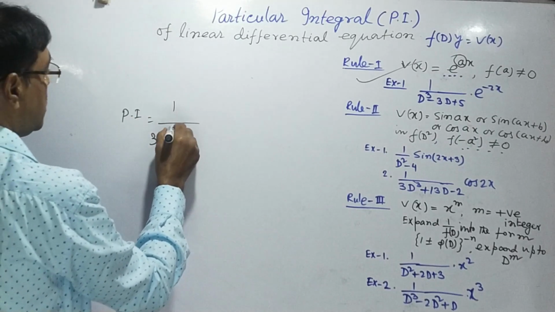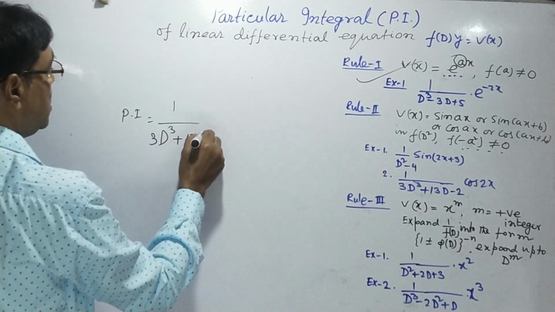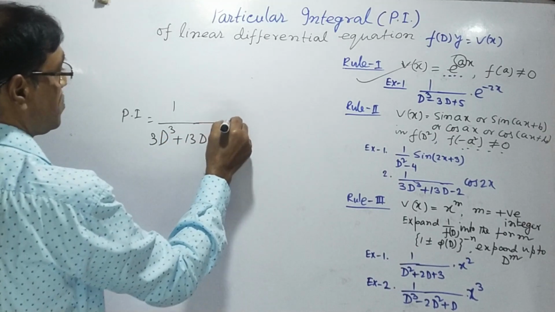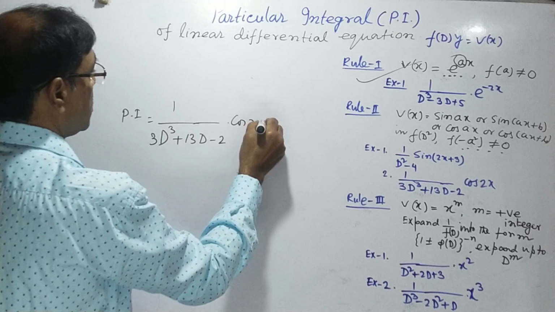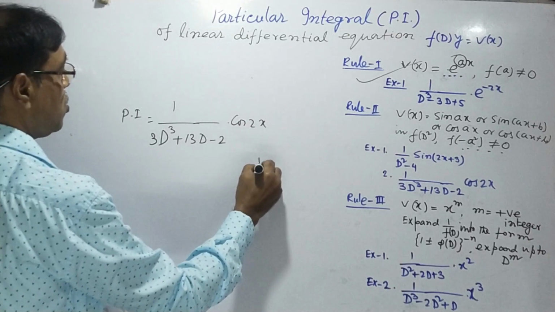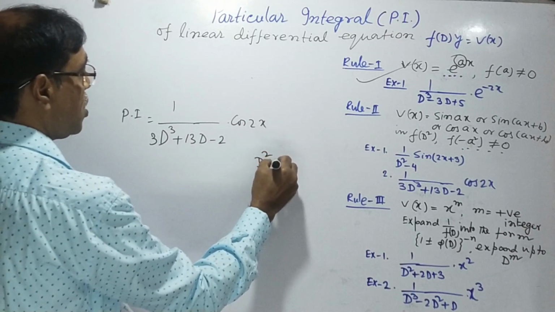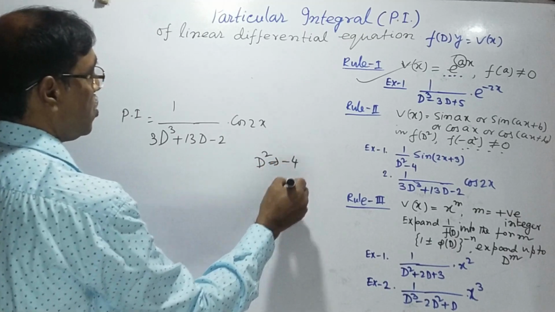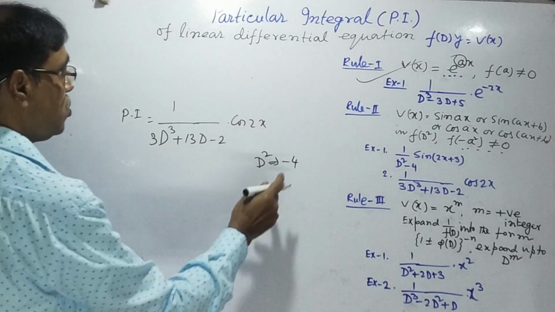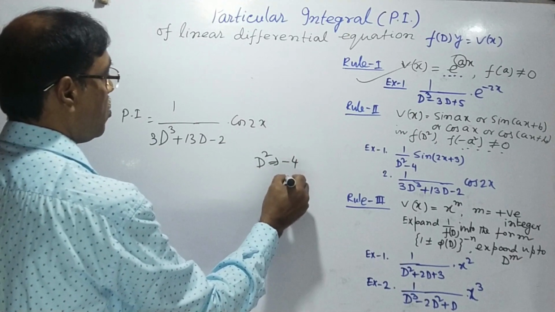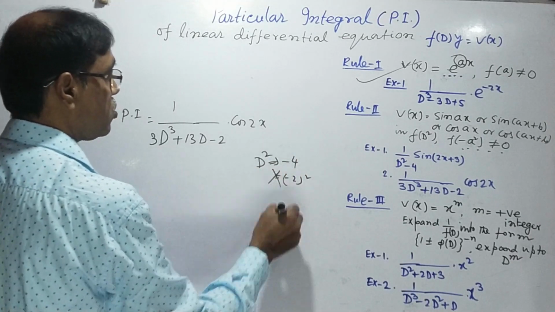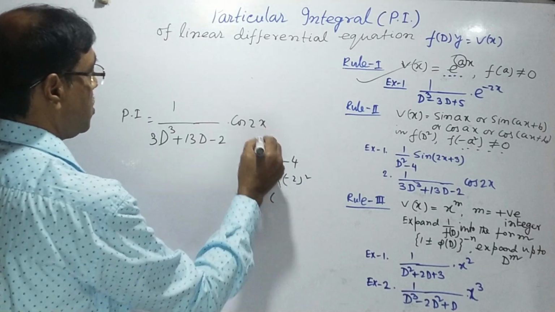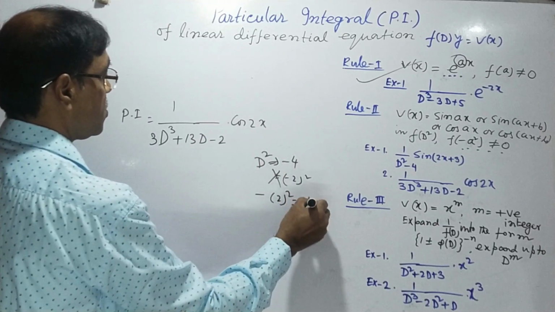PI equals 1 by 3D cube plus 13D minus 2 cos of 2x. We put minus a square in place of D square, that is minus 4.